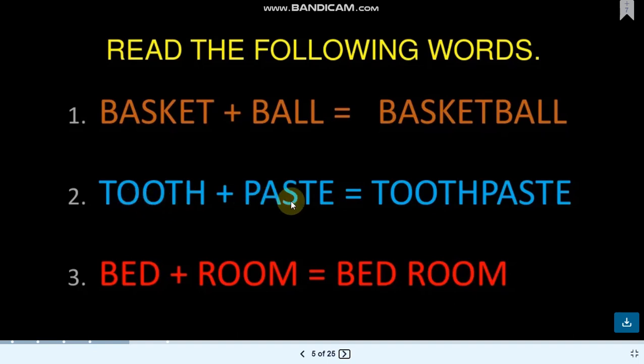Tooth plus paste equals toothpaste. Tooth is a word, paste is a word, but if we join them together, it will create a new word, toothpaste. Same thing with bed plus room. Bed and room together equals bedroom.